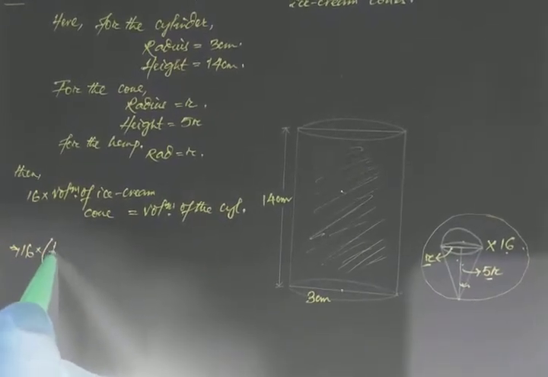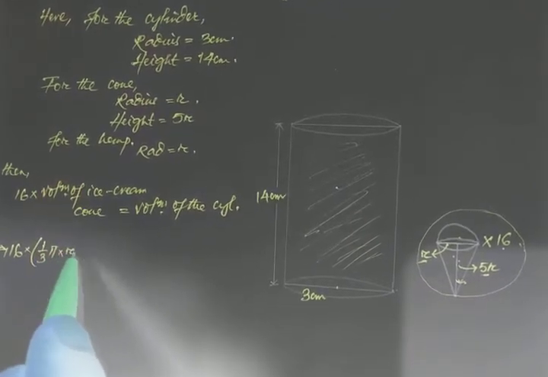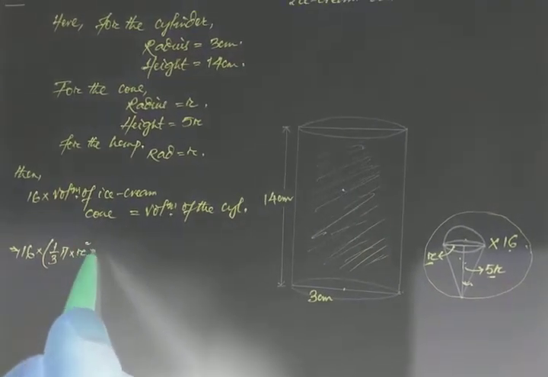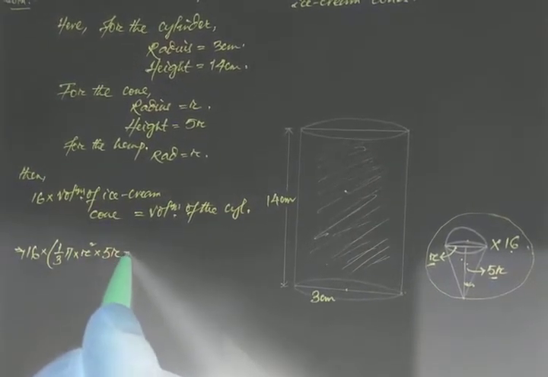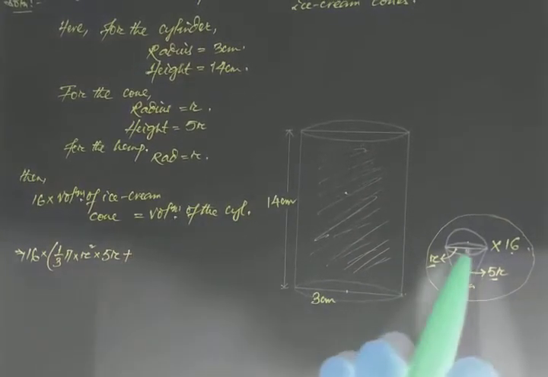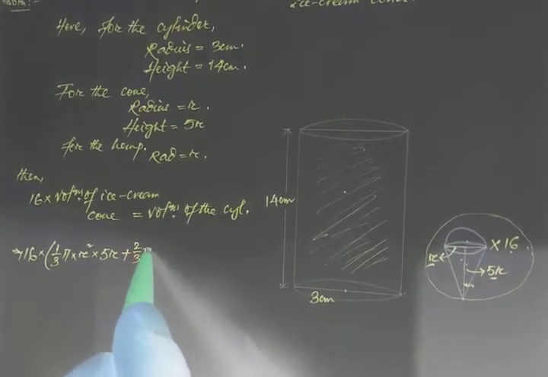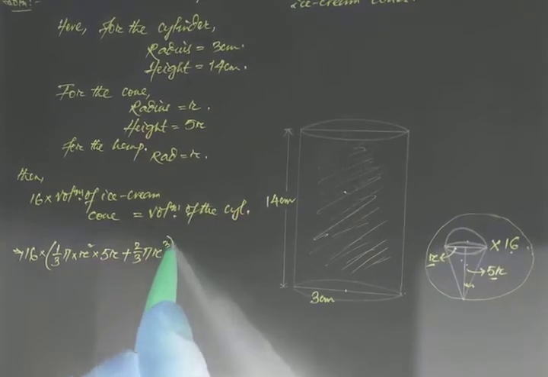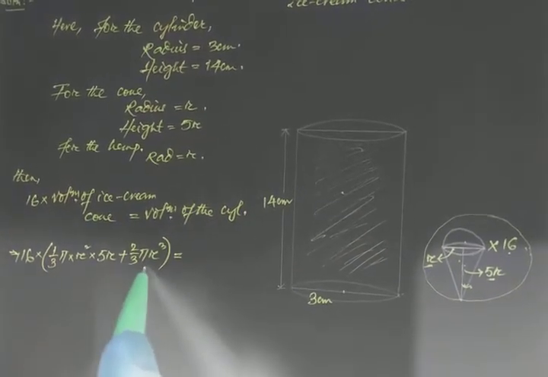So volume of cone, that is 1/3 pi, the radius here is r square, and h, 5 of r, plus volume of the hemispherical portion, 2/3 pi r cube. So here it is volume of cone plus volume of hemisphere.